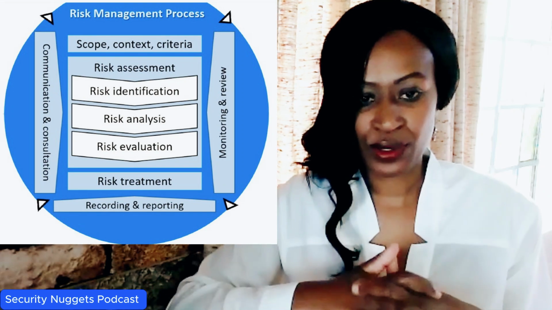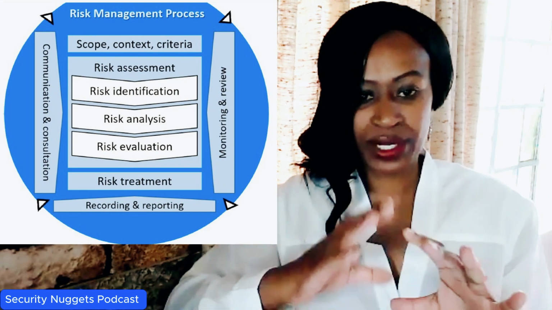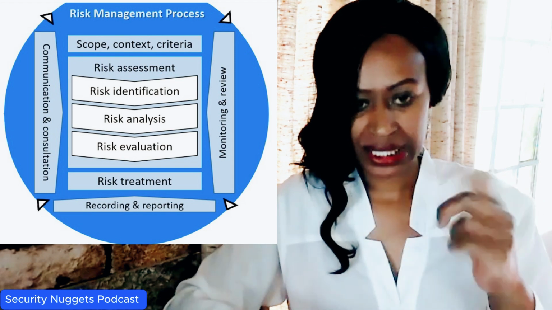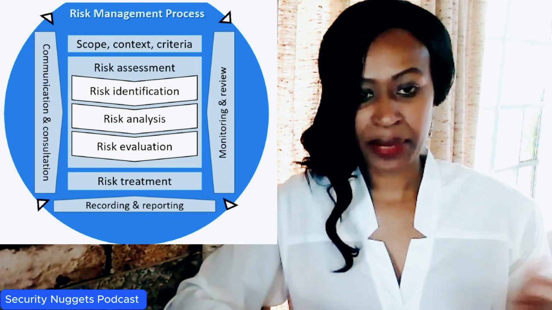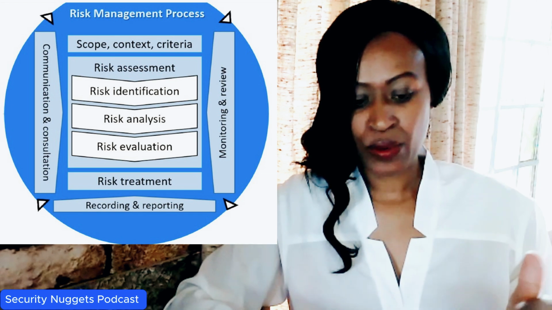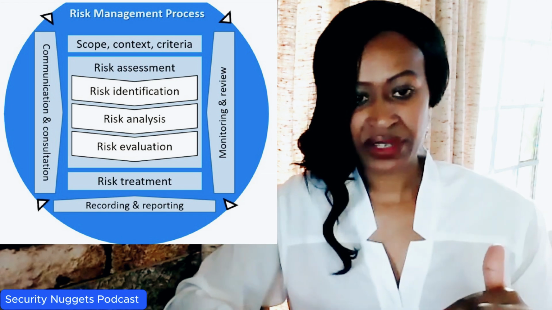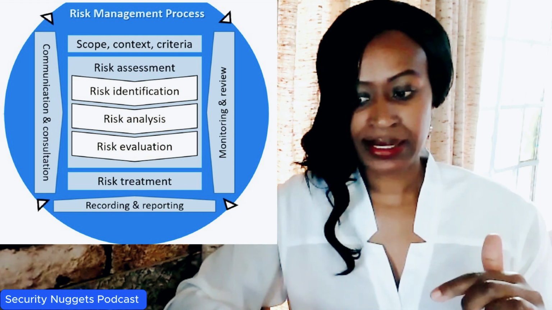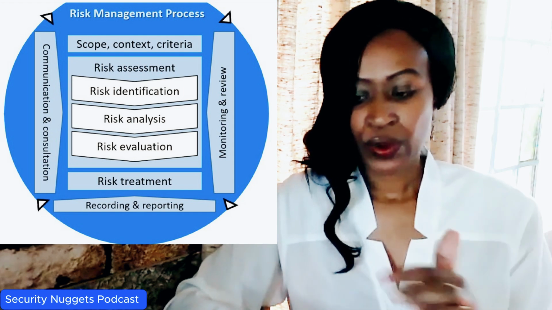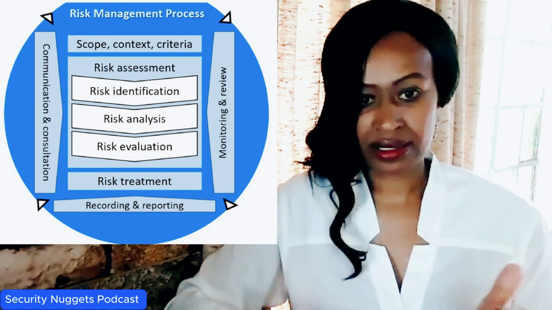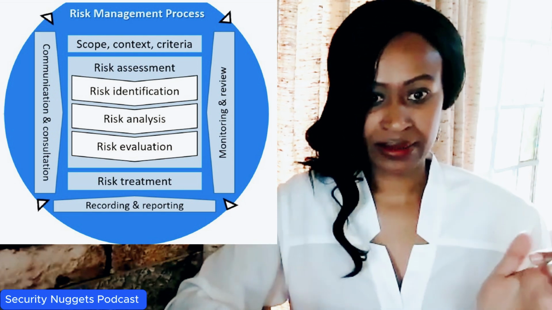When we talk of scope, basically what we are saying is that we have to establish and determine the parameters within which the security risk assessment process is going to be conducted, all right? And also the activities that are going to be considered during the process, all right?